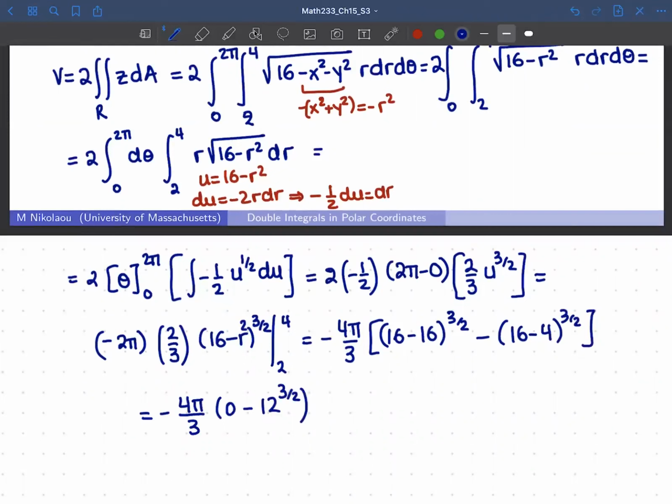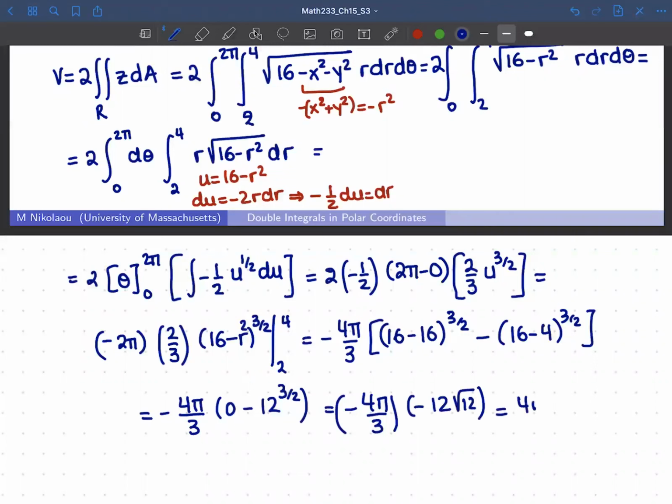So that gives me negative 4 pi over 3 times the negative, and now I have 12 times the square root of 12 here.